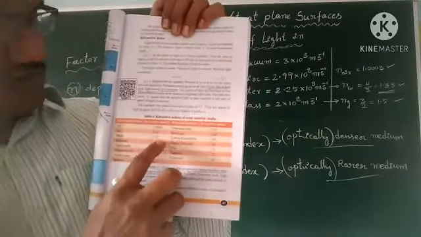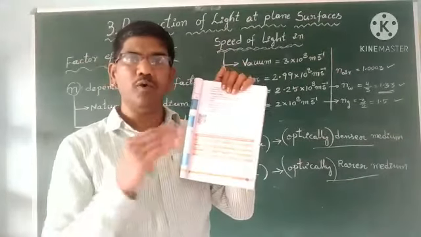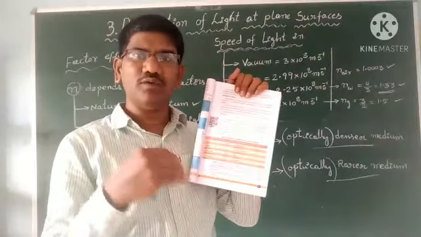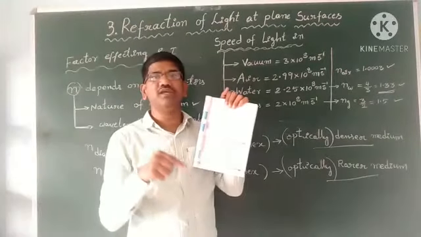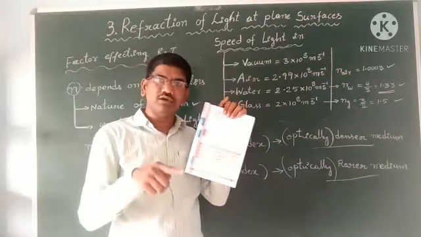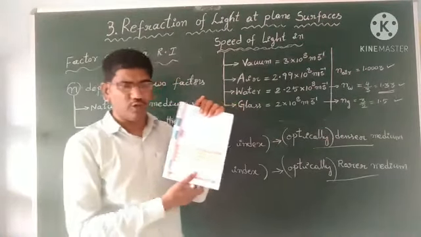Kerosene is more optically denser than water, meaning in kerosene light travels with less speed. But the physical density of kerosene is less than the density of water.